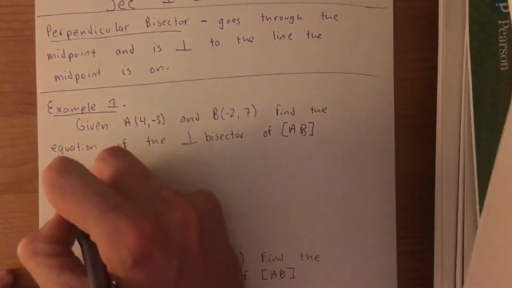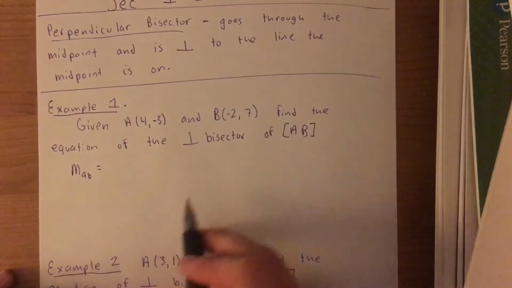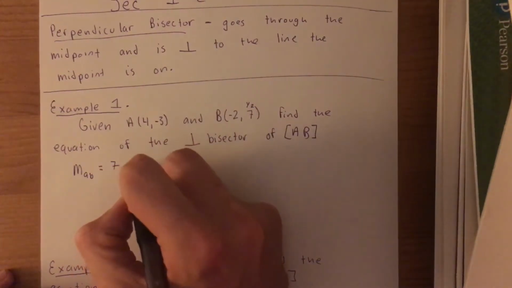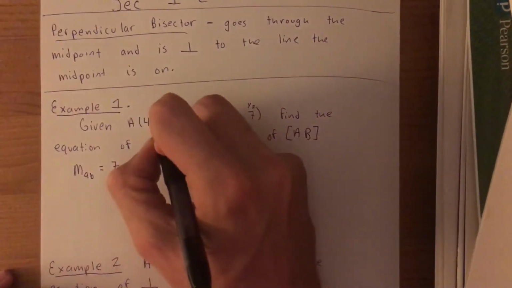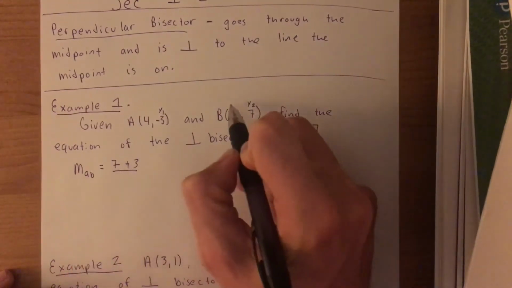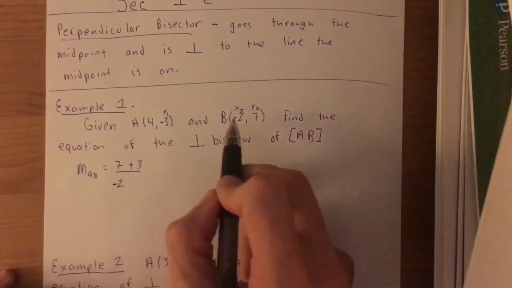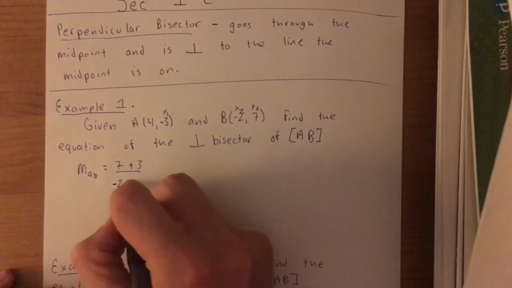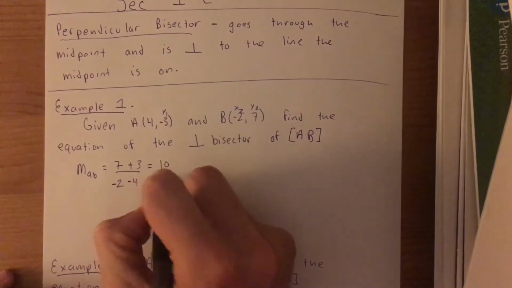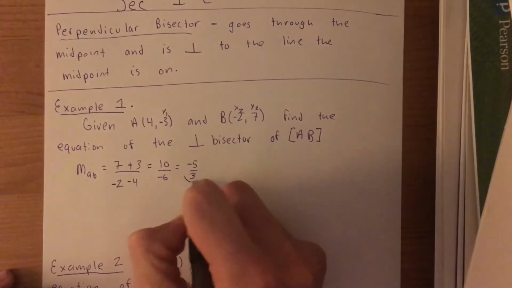The slope of AB, the gradient that we're going to find: y2 is 7, minus negative 3, so that's plus 3, over x2, which is negative 2, minus 4. This gives us 10 over negative 6, which reduces, if we take a 2 out of both, to negative 5/3.